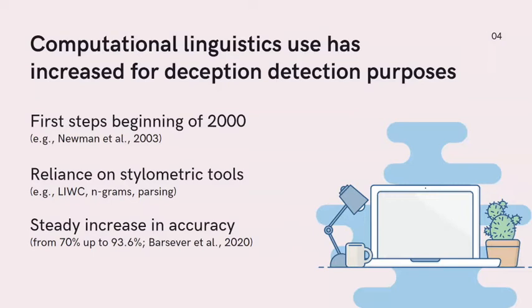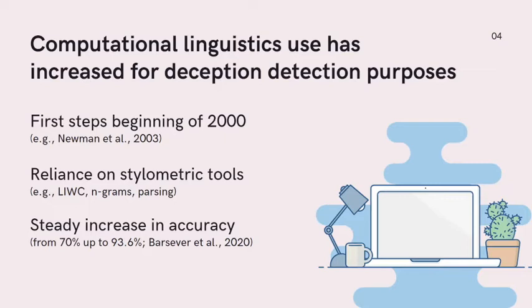It's the most used one, but we also use some other cues, such as n-grams, or also parsing, which is the grammatical analysis of a sentence, where we expect deceptive people to lie with a different structure compared to authentic people.